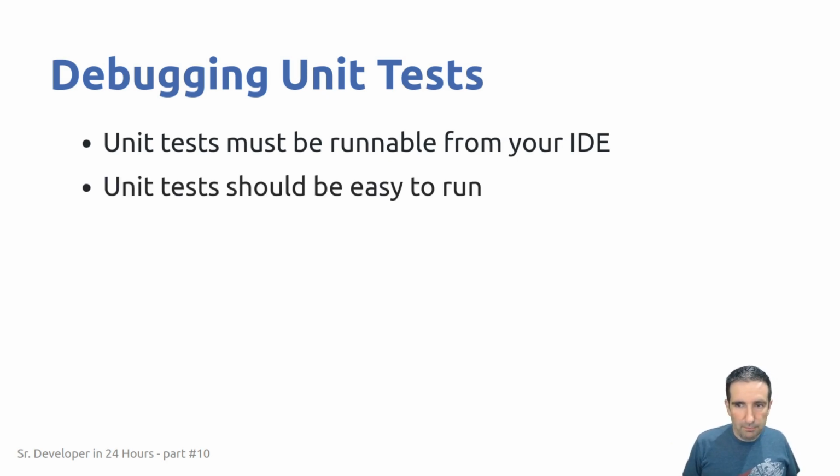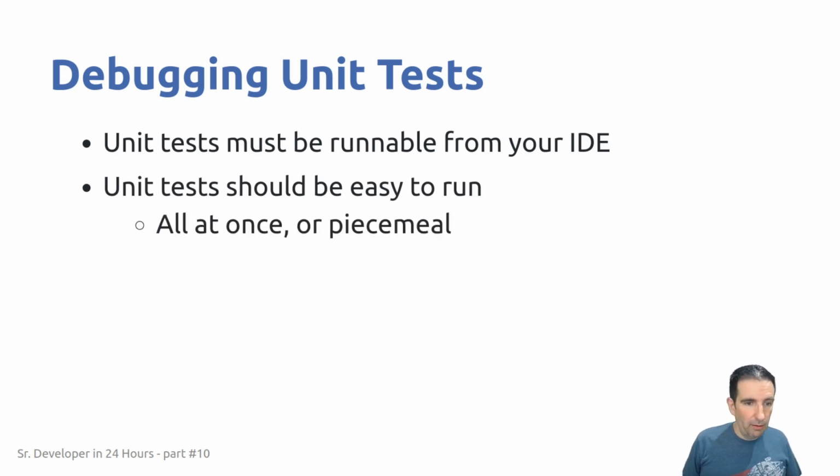And again, not only should the test be easy to run, but it should be easy to run all of the tests at once or piecemeal so that the developer, when they're debugging the test, they have full control. And again, we're trying to optimize the time of your developers. We're trying to make sure that we're not wasting their time. So we want to give them full control over what they're doing.